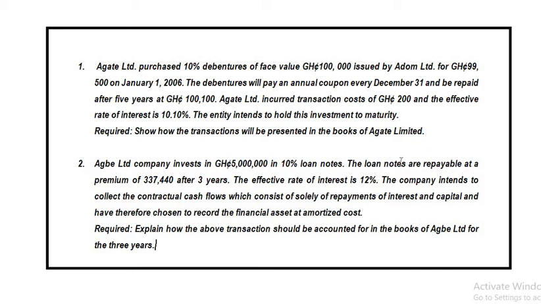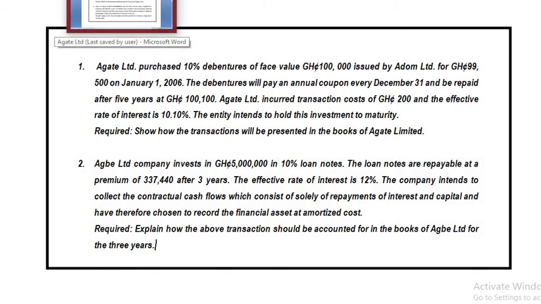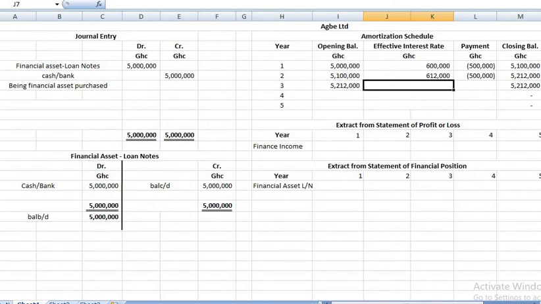So at the end of the 3rd year, we add the premium to the face value and also add the coupon to it to form our last year payment. So that's the 5 million, the 337,440 plus the last year coupon, 500,000.